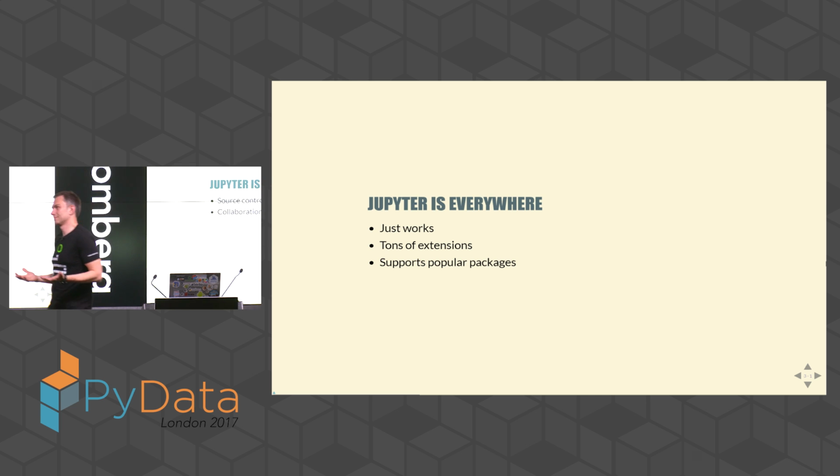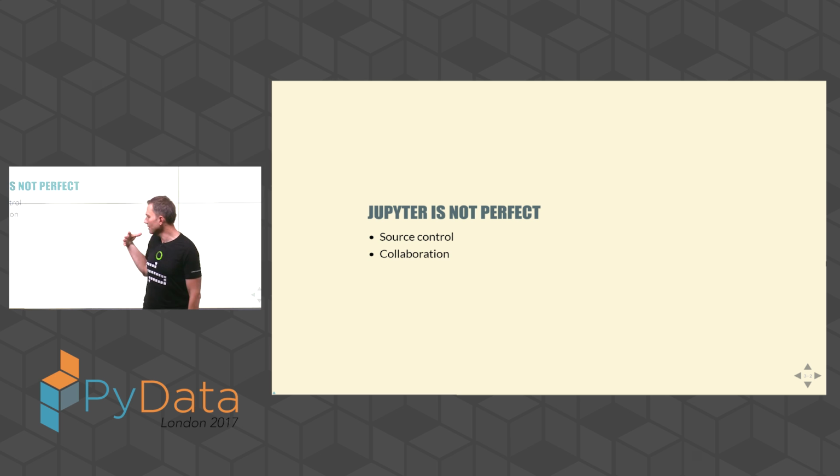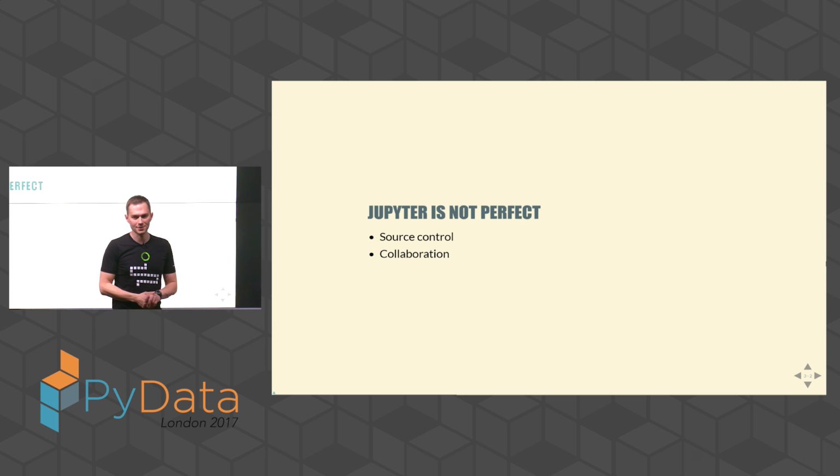Yes, we know that as well. Last year here at PyData, we had an evening of lightning talks, and I think it was on the same evening where we had 5 solutions for improving source control for Jupyter notebooks. Why?